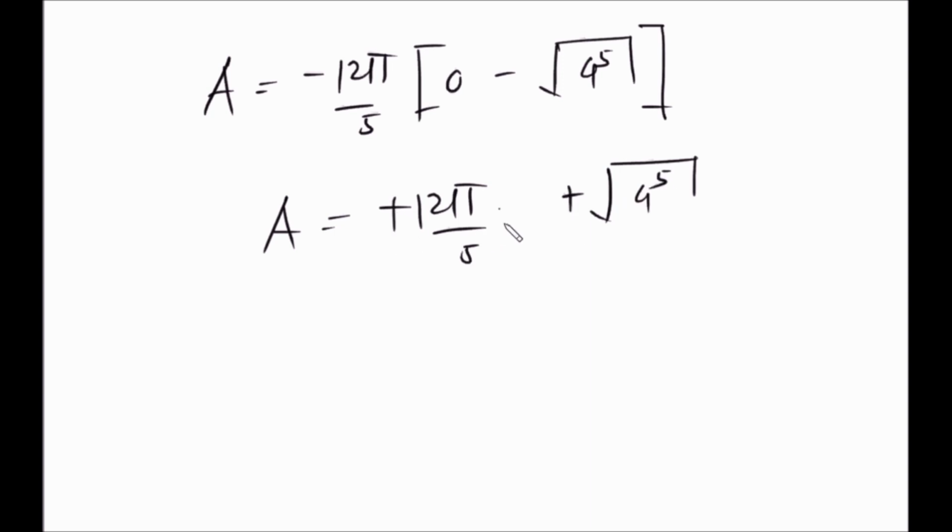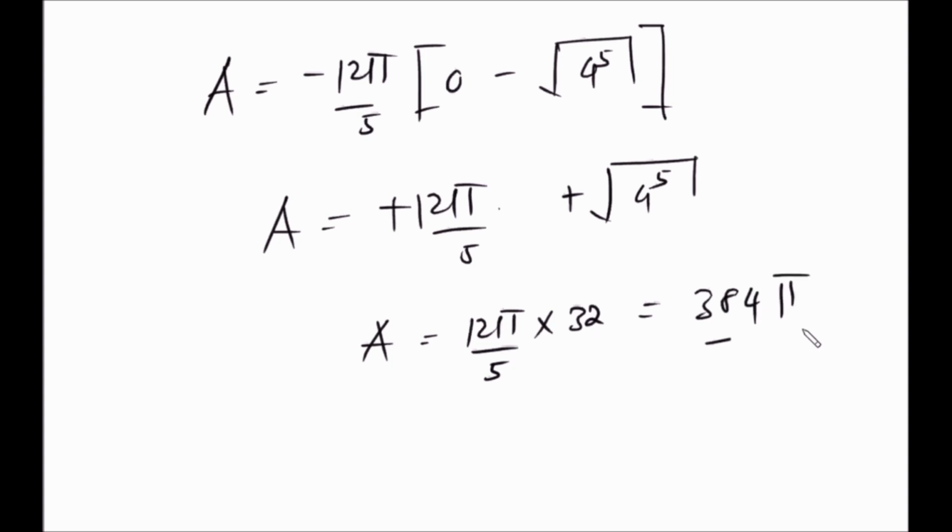The square root of 4 power 5 is 32. So the area will be 12 pi over 5 times 32. So what will it be? 12 times 32 is 384 pi over 5. So 384 pi over 5 is now what? 241.2.